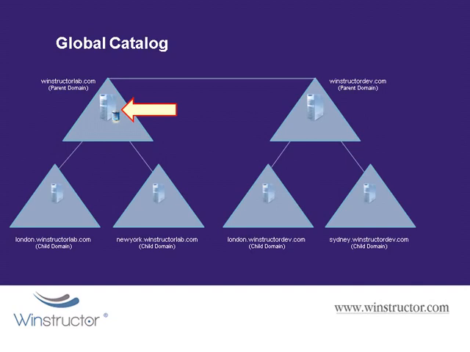However, when we start adding additional domains, the best practice is to only put the infrastructure master role on the same server as the global catalog server if every single domain controller in your domain is a global catalog server as well. The alternative, when you only have some domain controllers that are also global catalog servers, is that you'll need to transfer the infrastructure master role to another server that isn't a global catalog server.